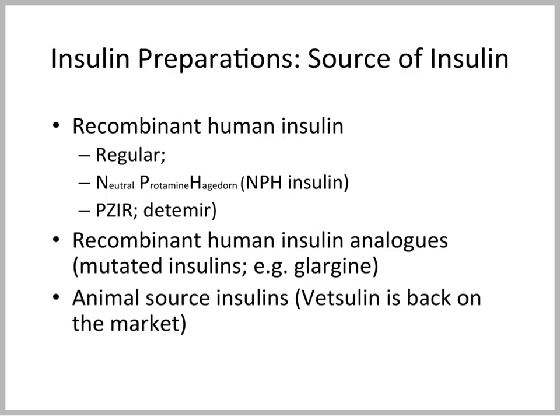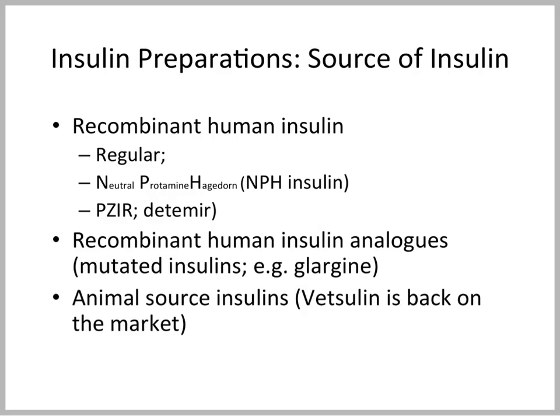There is only one animal source insulin on the market currently. It's called Vetsulin, and this is a porcine insulin, which is used for treatment of diabetes in dogs and cats.